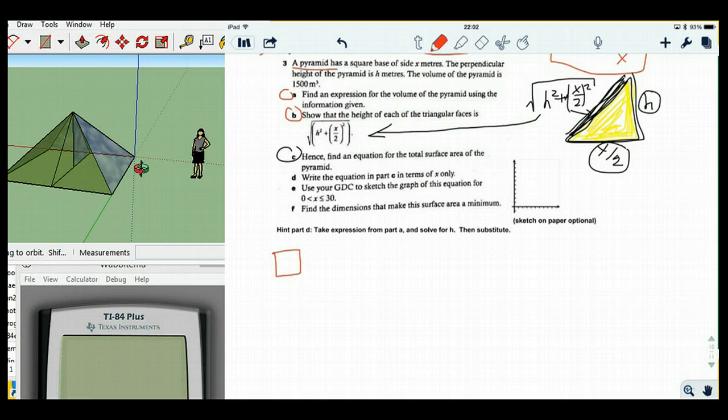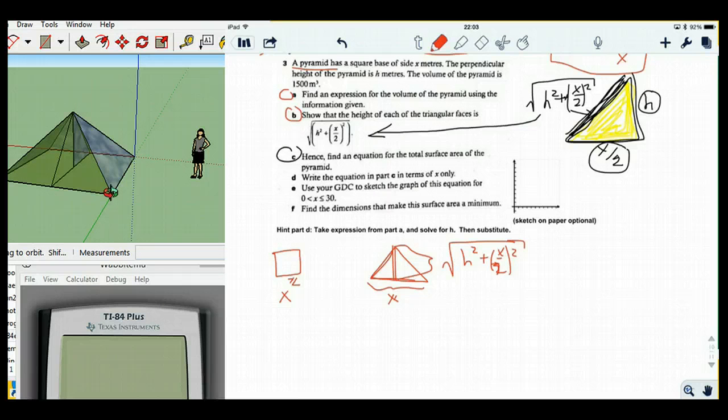The square piece's area is x times x, so it's x squared. And then the triangular face, we know that the bottom is x, and this height is this very complicated expression here, the square root of h squared plus (x over 2) squared.